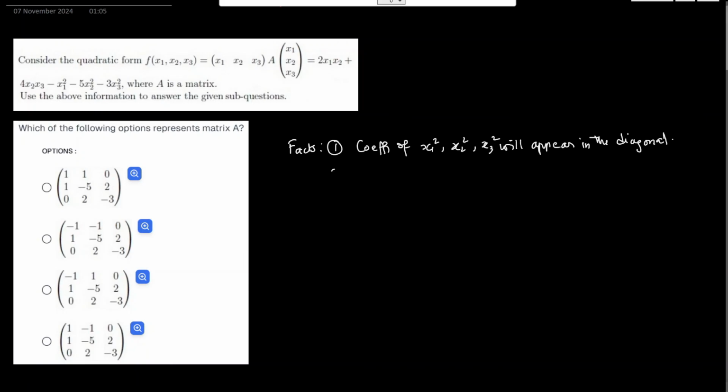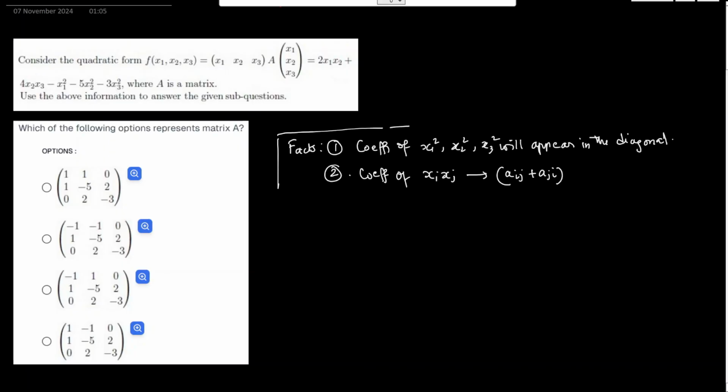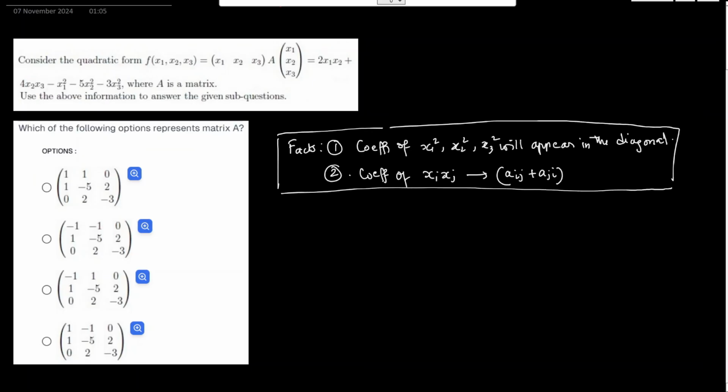And the second important fact is that the coefficient of xi xj will be nothing but the sum of aij plus aji. These are the two important facts, the only facts which will help you determine what the matrix A is.